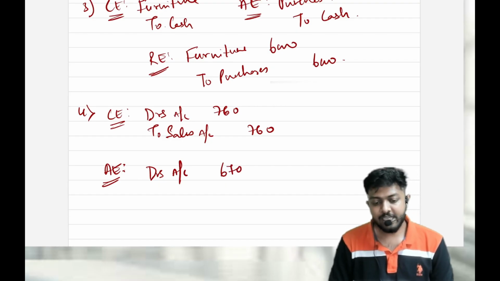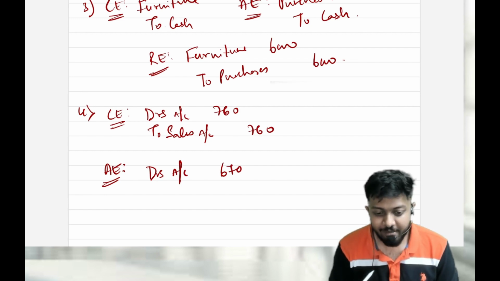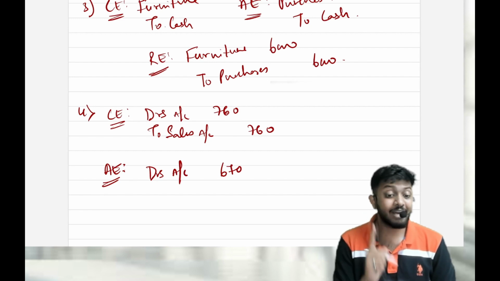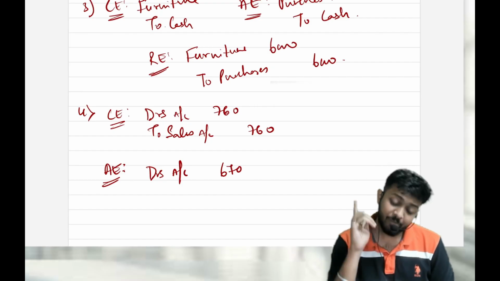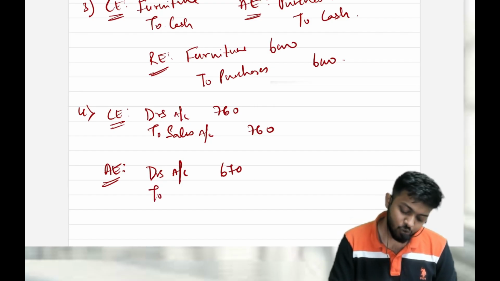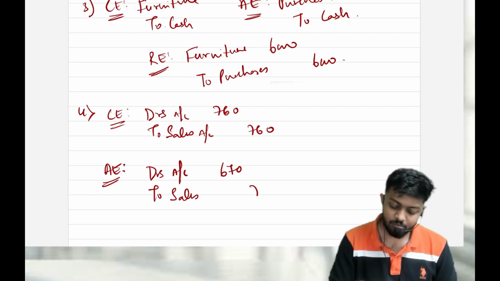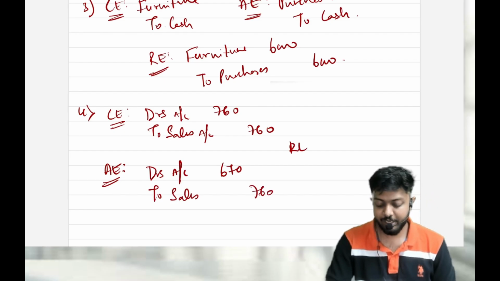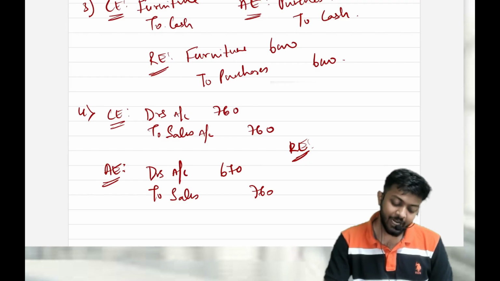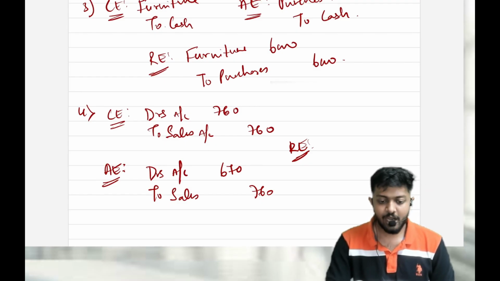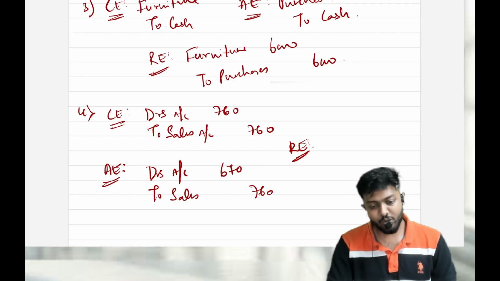Sir, sales has also become 670, no? What did I tell you? Again, the base assumption: they have spoken only about debtors. They have not said anything about sales, so it will be posted correctly. The account rightly debited is debtors, but it is a little less.